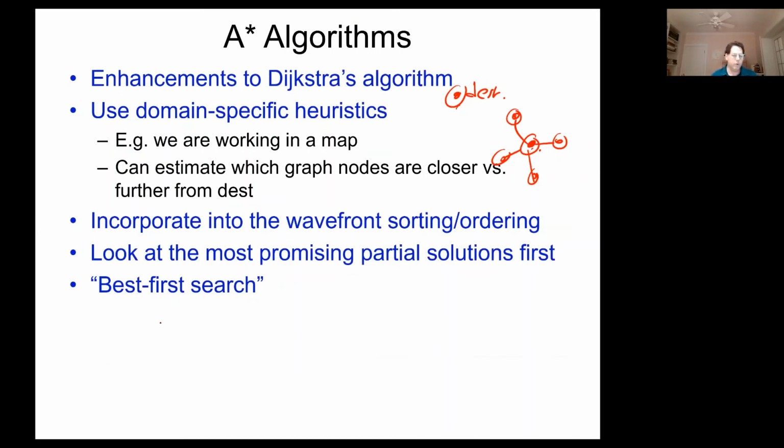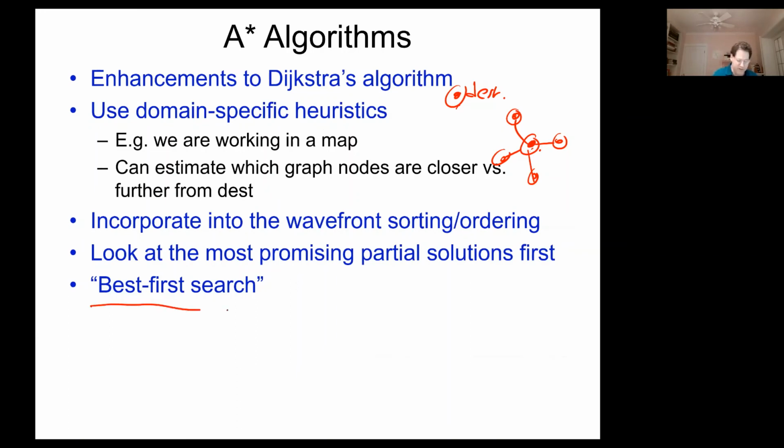We're just going to sort our wavefront so that the most promising solutions come first, and we look at them first. We have to be a bit careful about how we do this, because we have to make sure that we look at all the promising partial solutions so that we are going to get the best answer. So we have to do this a little bit carefully.